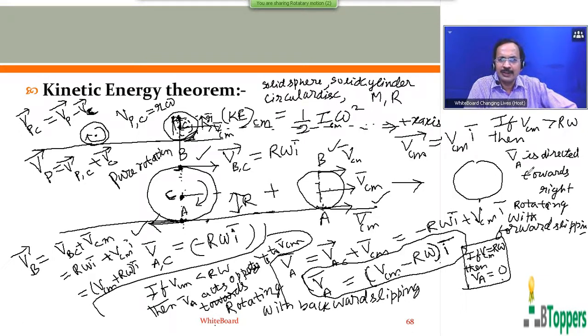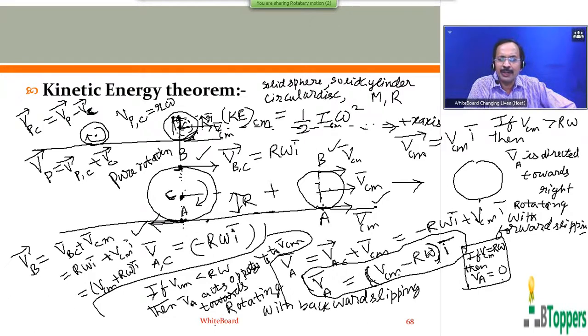Then VA bar is directed in the direction of VCM bar towards right, in the direction of velocity of center of mass. In that case, the body is said to be rotating with forward slipping, or rolling with forward slipping. Then dynamic friction on the body acts backwards. If VCM is less than R omega, then VCM minus R omega will be negative, a negative quantity multiplied by I bar.